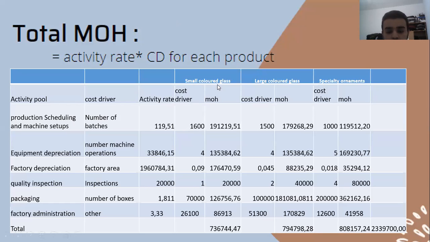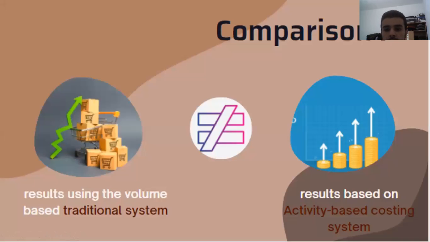We have the small colored glass, the large colored glass, and the specialty ornaments, and we simply multiply the activity rate by each cost driver of each product. Our calculation is correct because the total of the three MOH of the three products equals the total MOH given in the instructions.